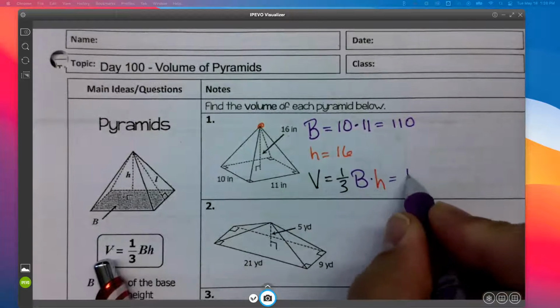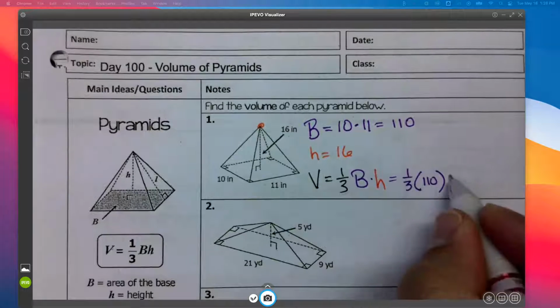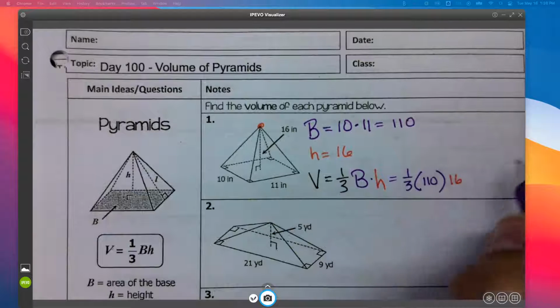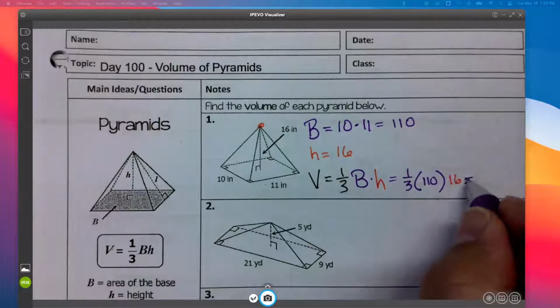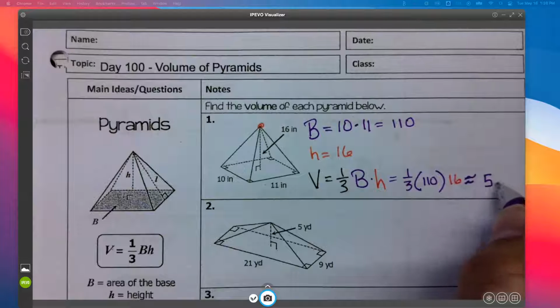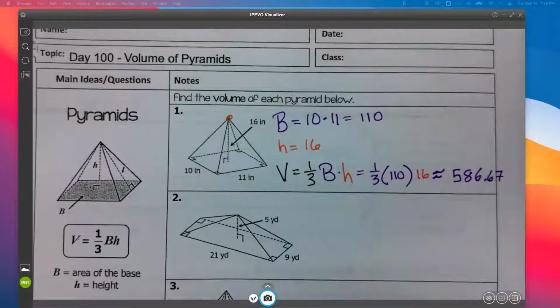So our volume is going to be 1/3 times 110 times 16, which gives us approximately 586.67. And what kind of units can we expect here? Very good.